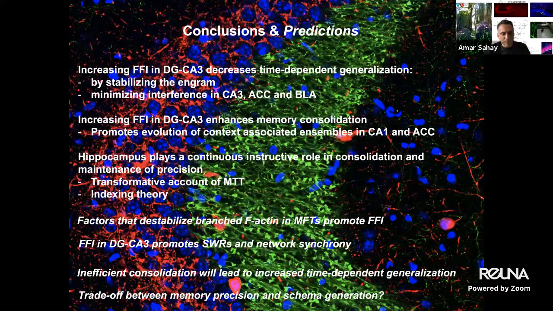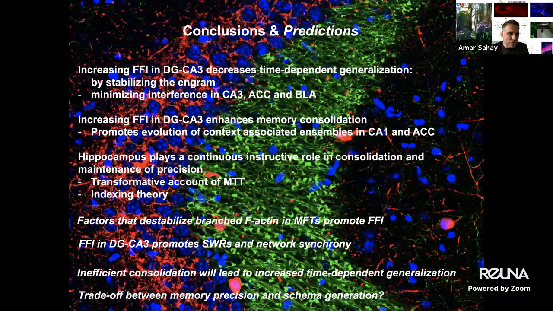And then finally, something that we've been thinking about a lot is that there is a trade-off. During consolidation, the generation of gist abstract representations is essential for the generation of schema. And schema is how we learn new things. We would predict that there is a trade-off as these representations lose details.